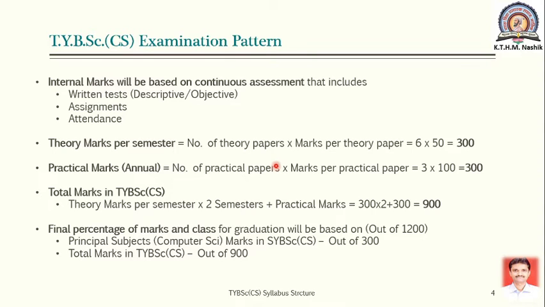If you see now, the total marks for theory in each semester will be 300. That means each theory paper will be of 50 marks and 6 theory papers, means total 300 marks in each semester for theory courses. And for practical course for a total year, each practical course will be of 100 marks.